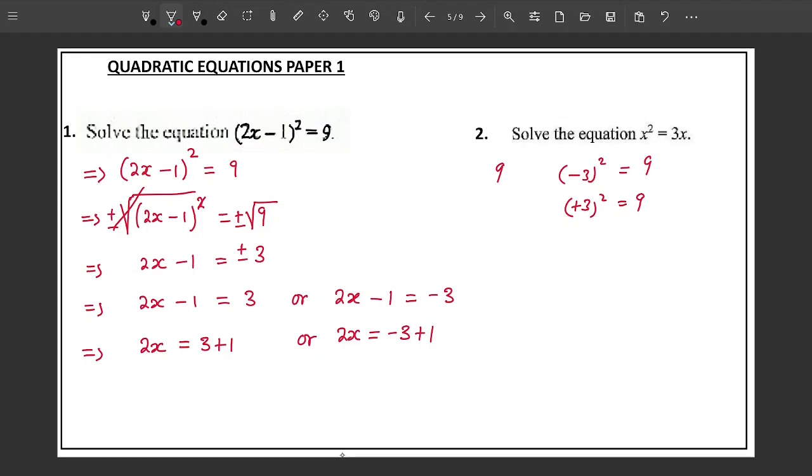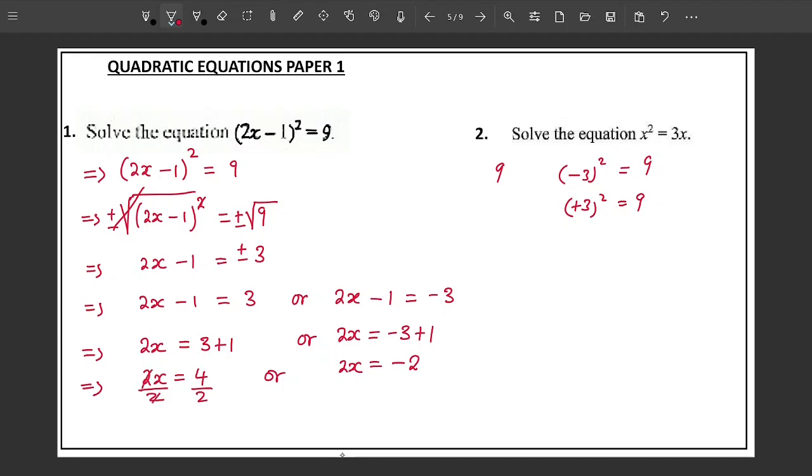So here now, what we are going to do is to say, okay, this implies that 2x is equal to 3 plus 1, you have 4. Then here, 2x is equal to negative 3 plus 1, it is going to be negative 2. So here you should get rid of the 2, so that you remain with x, because you are solving for x. So you divide by 2, because what you do on the left side, remember, should also be done on the right side to maintain balance.